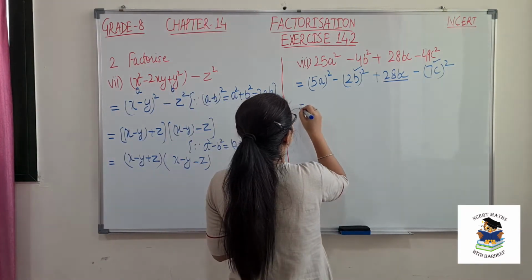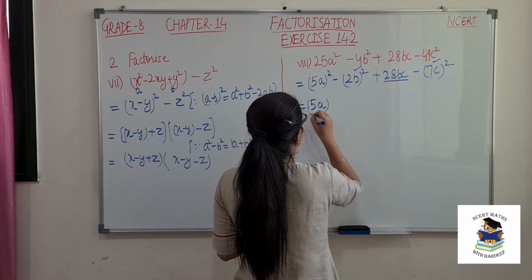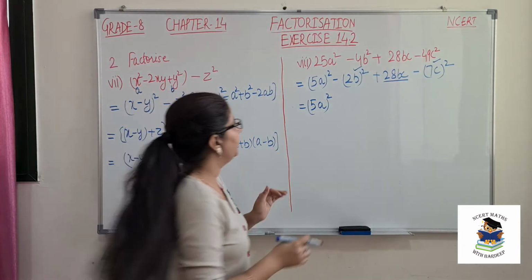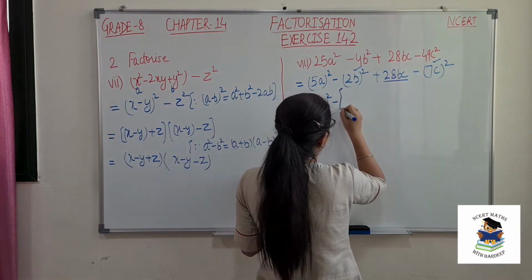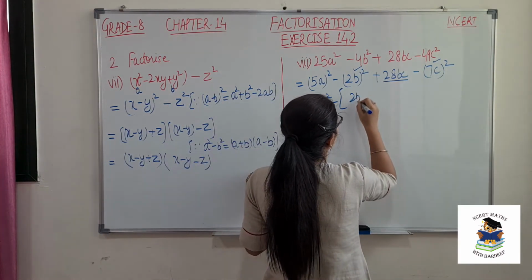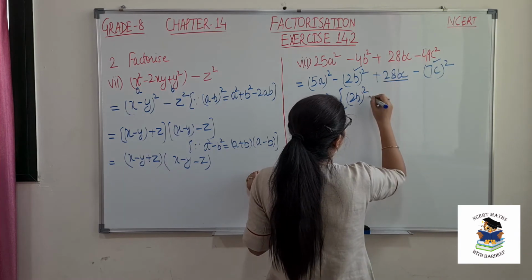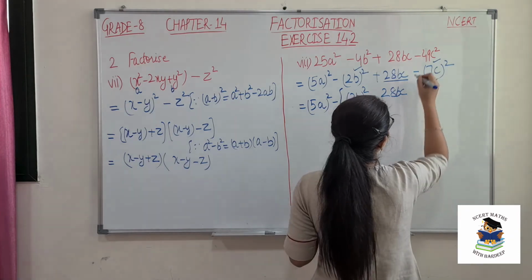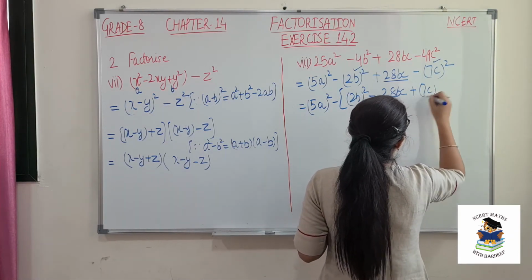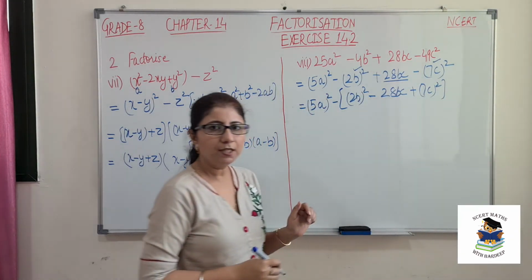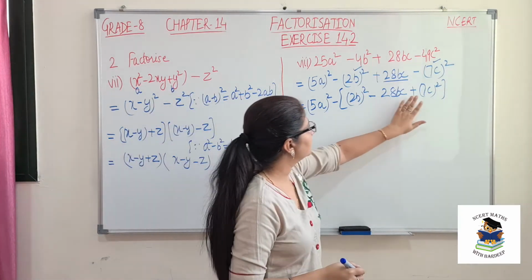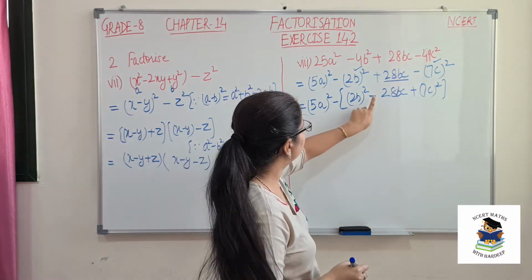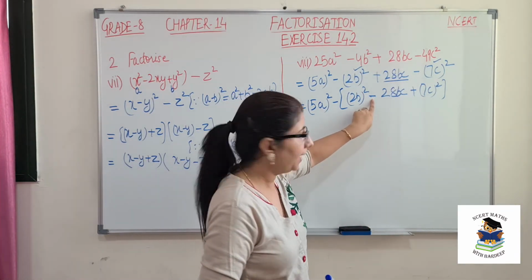So let's see here. Since this is minus and square terms are always positive in our identity, we will take minus outside. So this will be 2b square. This plus will change to minus. So this is 28bc. This minus will change to plus. Okay. So now we can check whether this is a plus b whole square. No, it is a minus b whole square because this term is now negative.